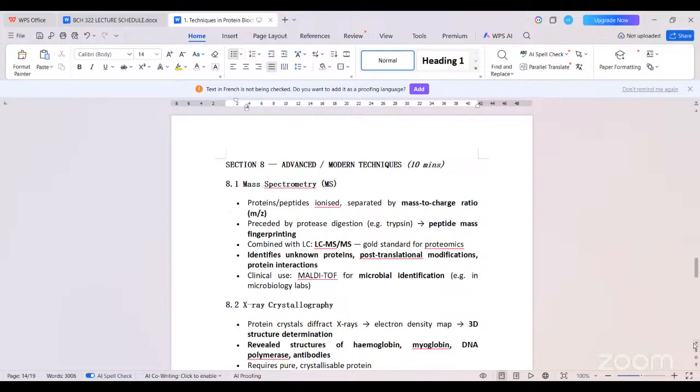Mass spectrometry is a method that identifies unknown proteins, post-translational identification, or post-chain interaction.